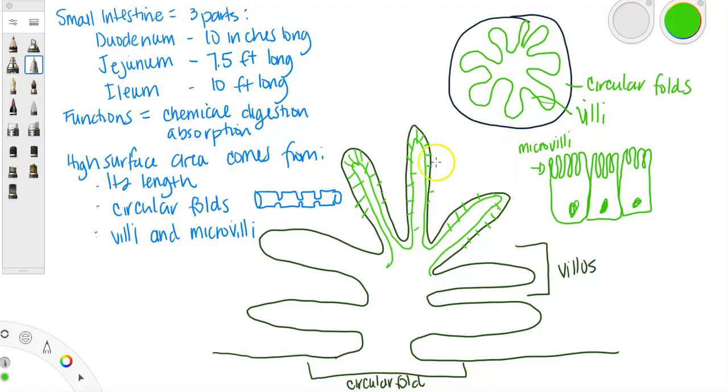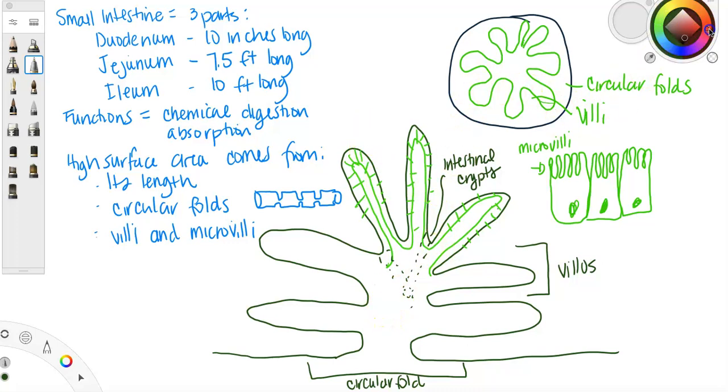Okay, and between these things, you'll see little indentations that go in here. And these are called intestinal crypts. And these are groups of cells that secrete hormones and things like that, mucus and all that.